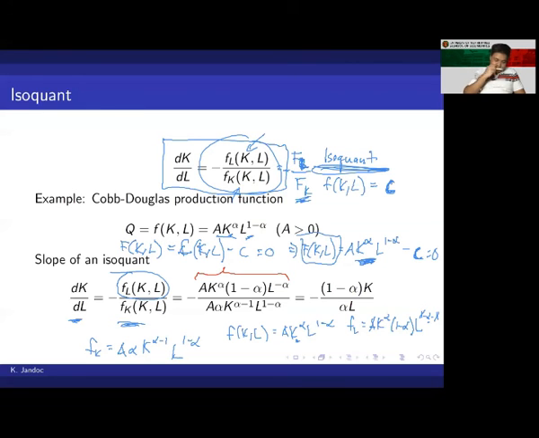This one is the same as the expression in the denominator. So you take the negative of that, and then we can cancel some terms.